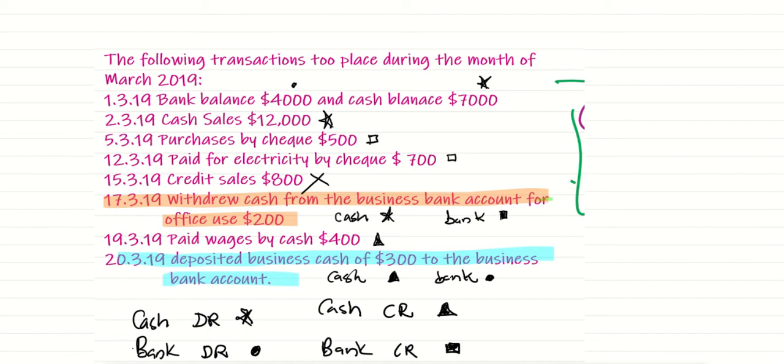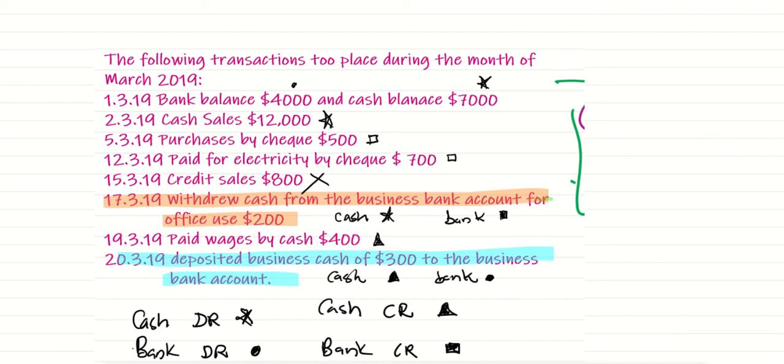Cash value reduces, therefore cash credit triangle. 20th, deposited business cash. You take cash from your business and then you deposit to your business bank account. Cash value reduces, therefore cash credit triangle. Bank value increases, therefore bank debit circle.